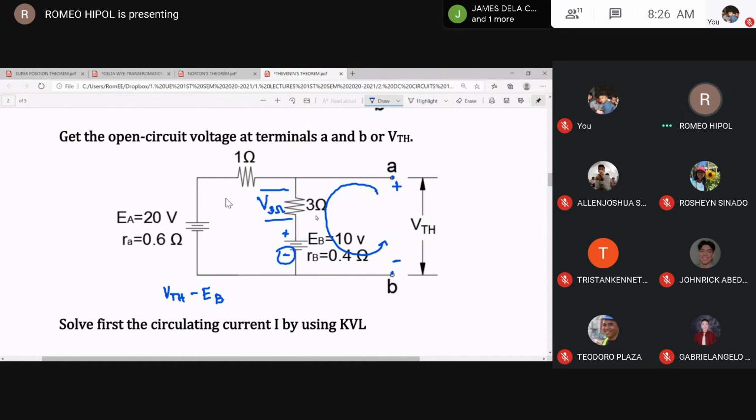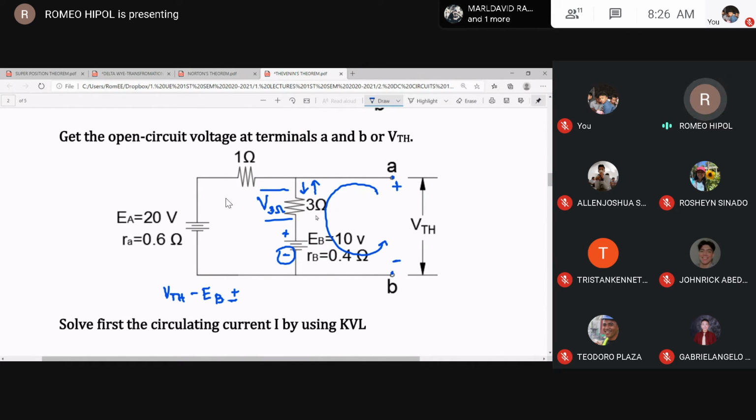So first step, hindi natin ma-i-assign kung either ang direction ba ng current going at 3 ohm is pababa or pataas. Naintindihan? So yun yung unang problema natin. Hindi natin alam kung positive or negative ang polarity across voltage 3 ohm.